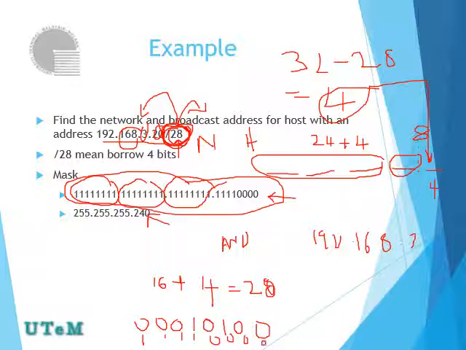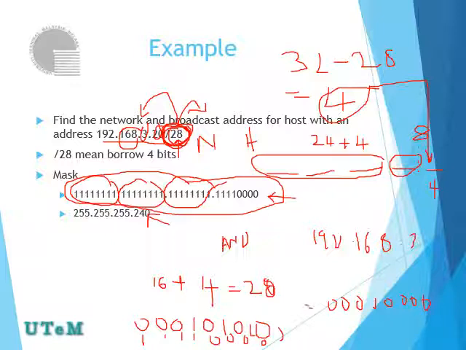So what is the answer? If the bits are different, then it's 0. The result is 0, 0, 0, 1, 0, 0, 0, 0.